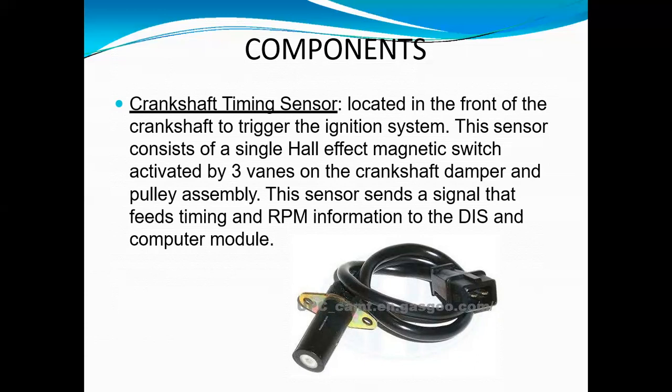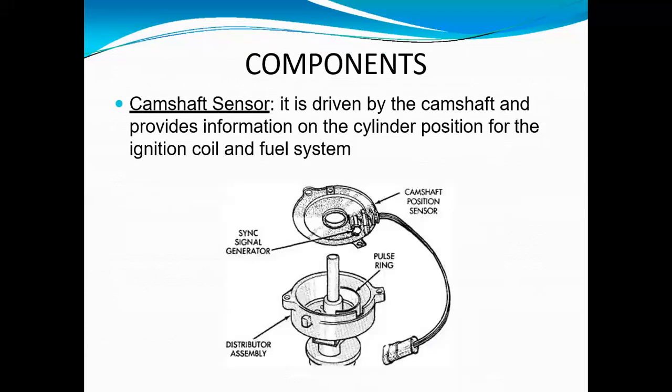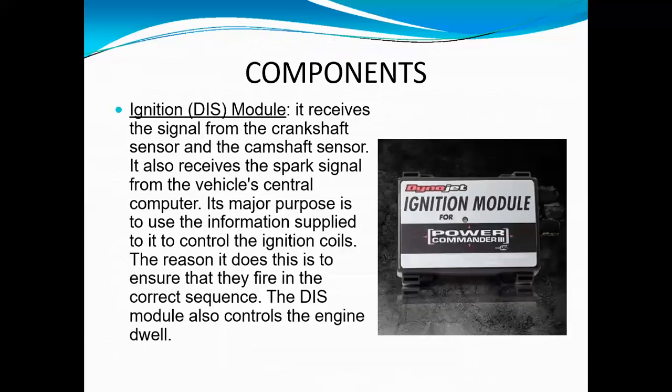This sensor sends a signal that feeds timing and RPM information to the DIS and the computer module. Next, the camshaft sensor. It is driven by the camshaft and provides information on the cylinder position for the ignition coil and the fuel system.